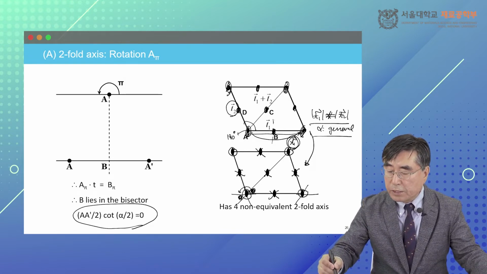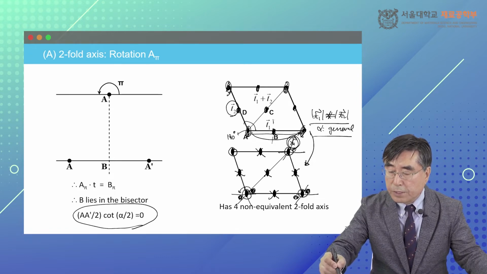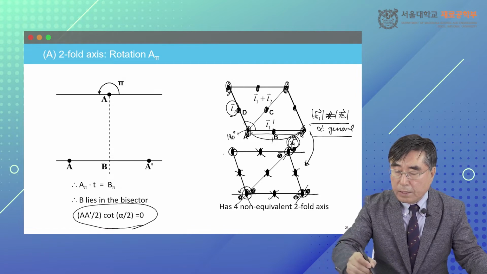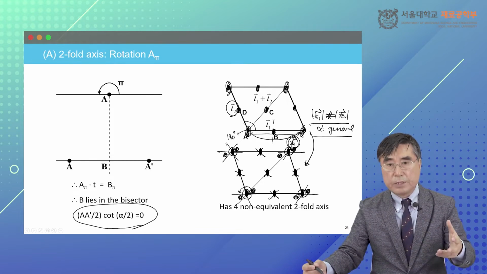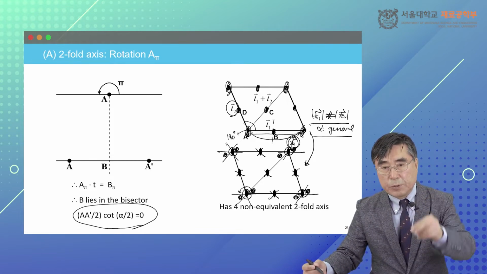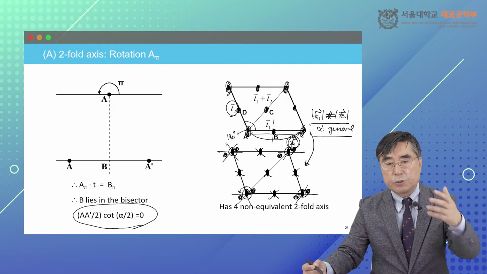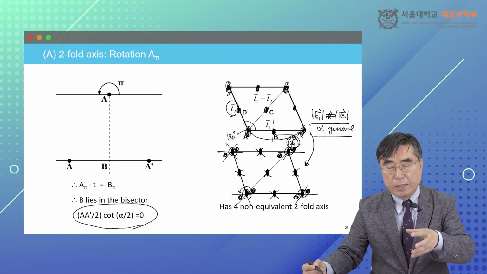And since all the lattice points should be identical, then all the poles should be there and there and there. And I put the general poles based on the lattice point definition. All the lattice points should be identical in the sense of physics and chemistry.